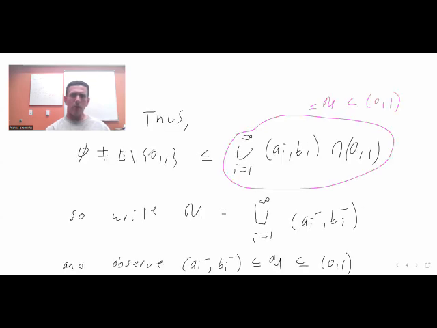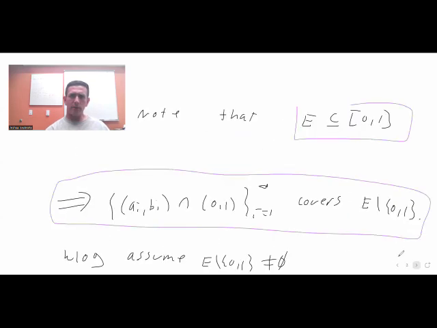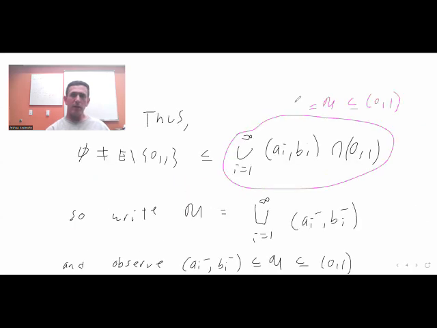One thing I want to be clear about: working with E take away (0,1) allows me to take the intersection with (0,1) of all of these, and that gives me an open set here. If I did the intersection with closed [0,1], then that's not necessarily going to be an open set.